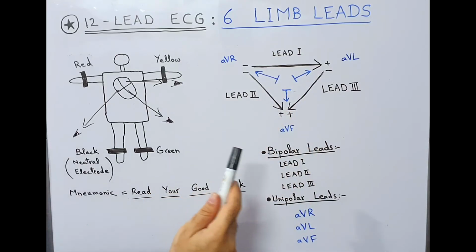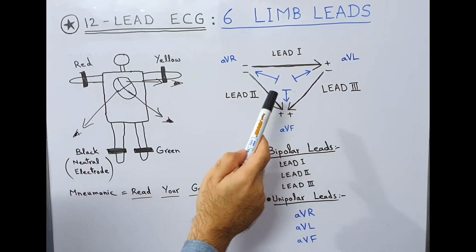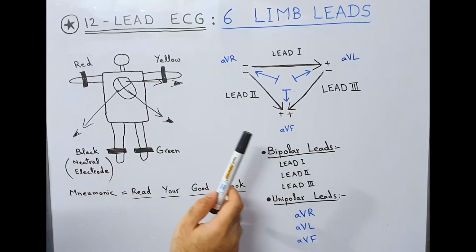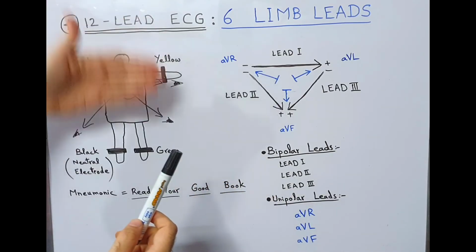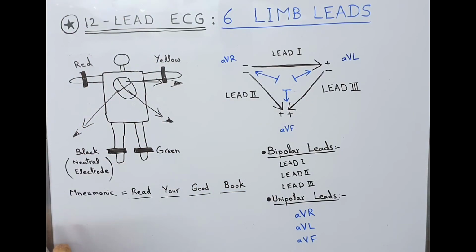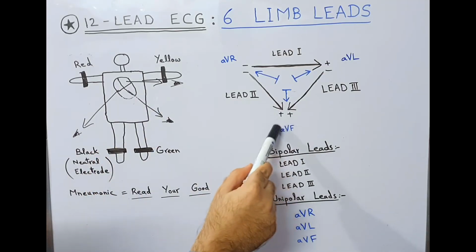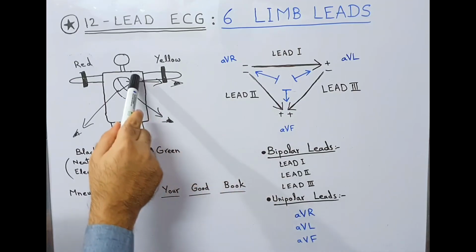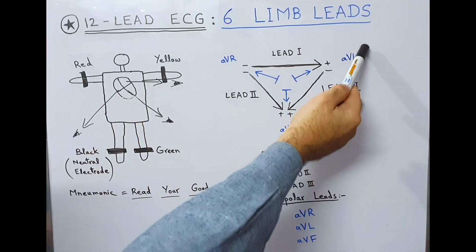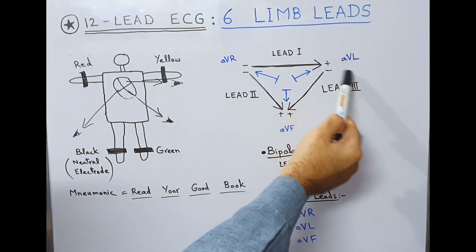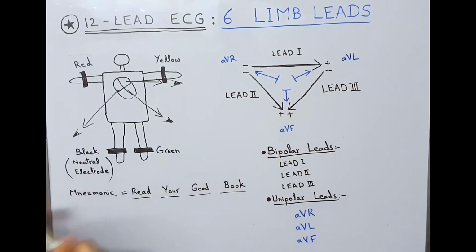So this is what you have to remember, from which side a lead is looking at the heart. And it is all in the vertical plane, in the coronal plane. For example, if something is wrong in the bottom portion of the heart, the reading in the AVF will be affected. If something happens in the left portion of the heart, the graph in AVL will be affected. So this is the rationale behind it.